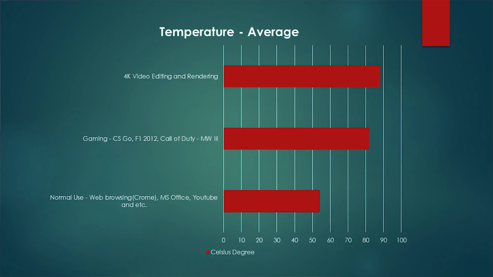But in this case, there is a single fan, single heat pipe, but still Asus has done a good job maintaining the heat. The surface temperatures were maxing around 48 to 50 degrees, and that's quite acceptable. It's very normal. It will not create major issues for most of you guys. So overall, Asus has done a good job in handling the heat issue.